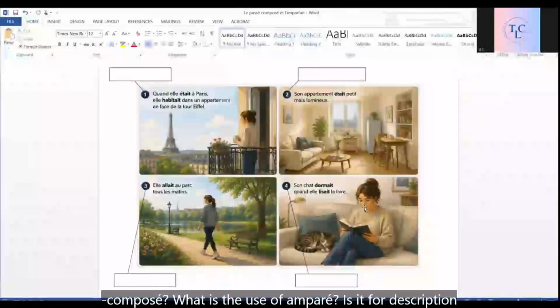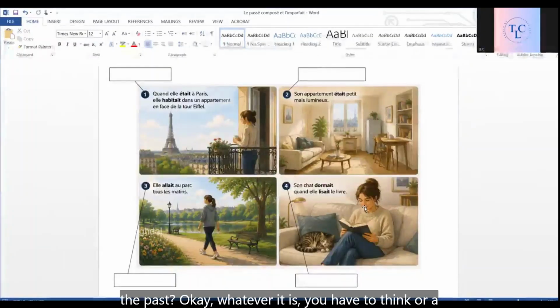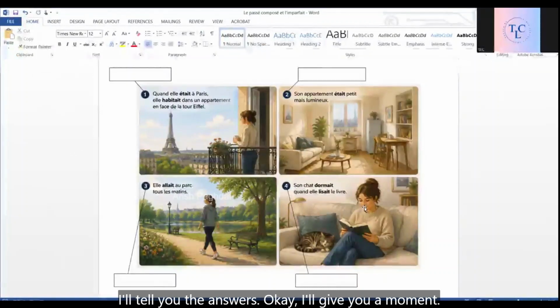What is the use of imparfait? Is it for description or an action that is repetitive, or it's about a situation in the past? Whatever it is, you have to think, or a continuous action, obviously, in the past. So think, and then I'll tell you the answers. Okay, I'll give you a moment.